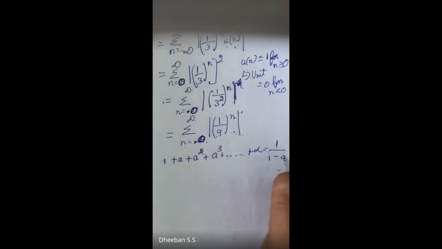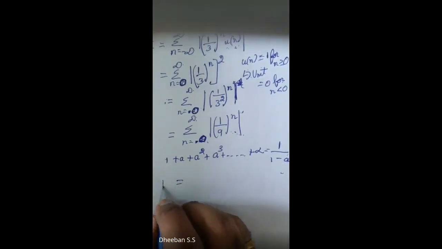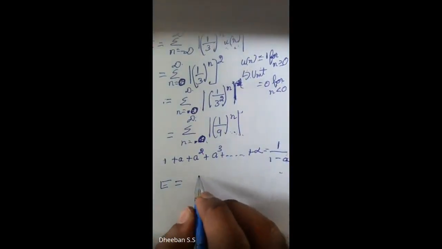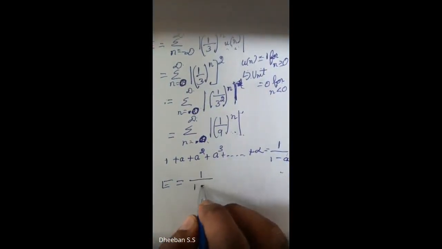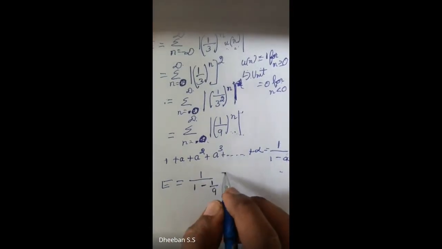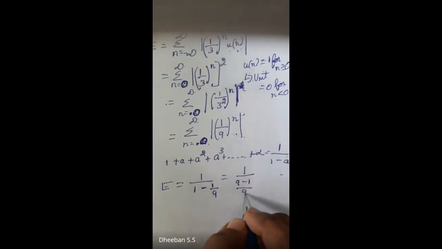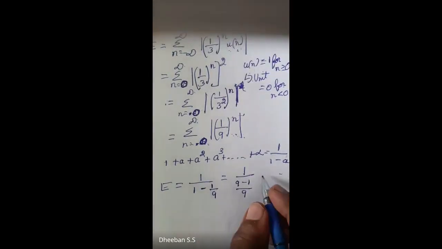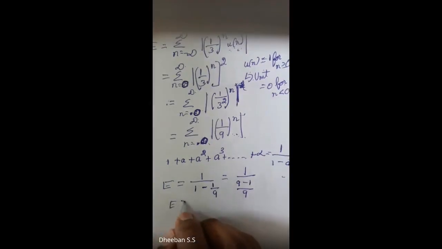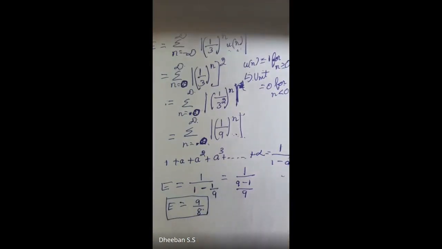E equals 1 by 1 minus a, which is 1 by 1 minus 1 by 9. We will be getting the answer as 9 by 8. So E has some definite value, 9 by 8.